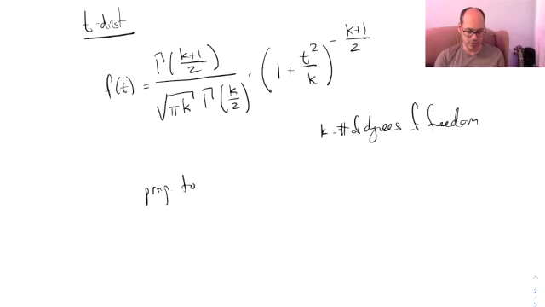And this is kind of a mouthful, of course, but most of this is kind of just the normalization factors. So if we wanted to be rough about this, we could just say this is proportional to really 1 over 1 plus k inverse t squared to the power of half of k plus 1.